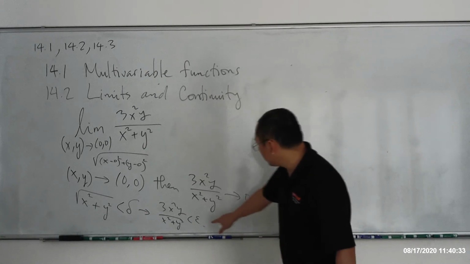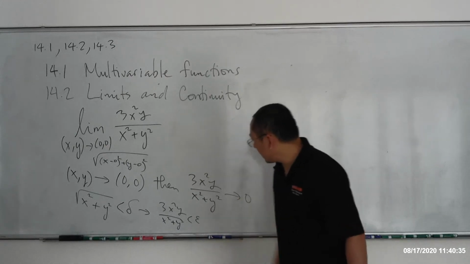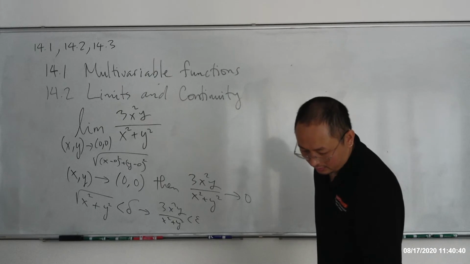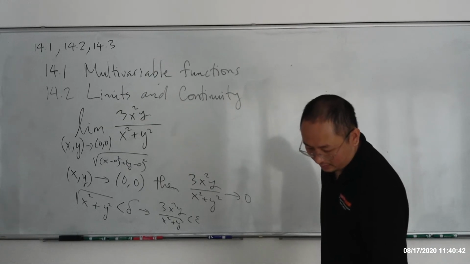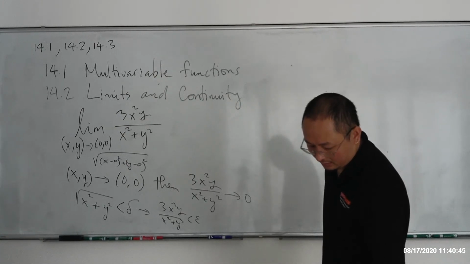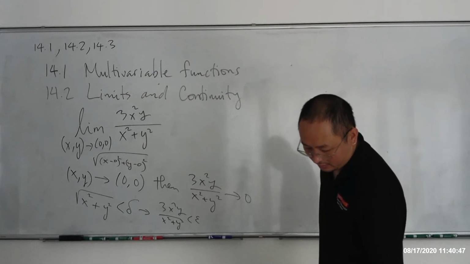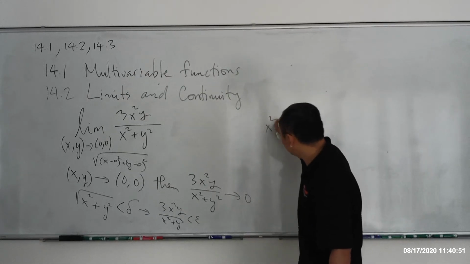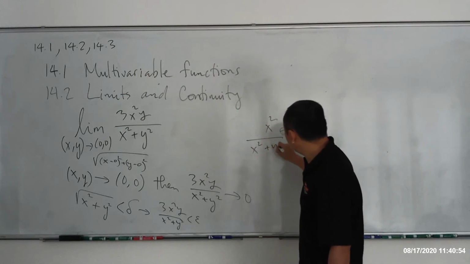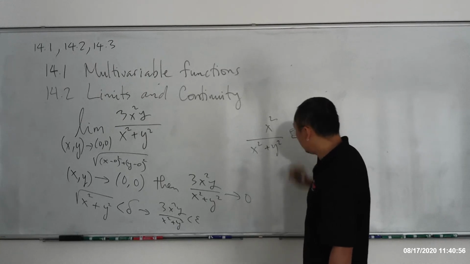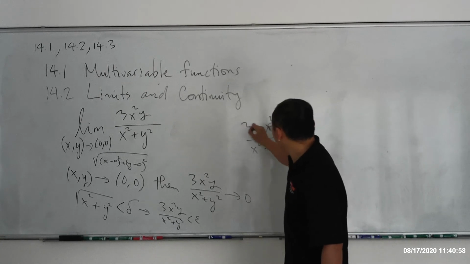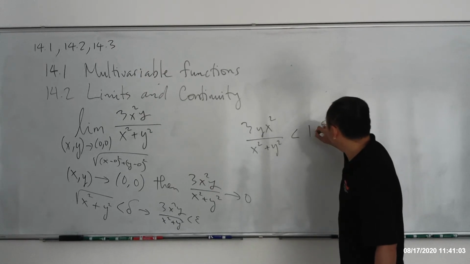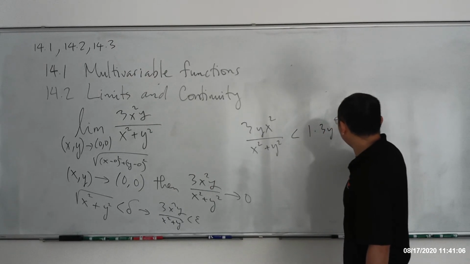We have to calculate epsilon from here, right? Let's see how we calculate epsilon from here. We have x squared over x squared plus y squared less than 1, okay? So 3y times x squared over x squared plus y squared is going to be less than 1 times 3y, which is equal to 3y.